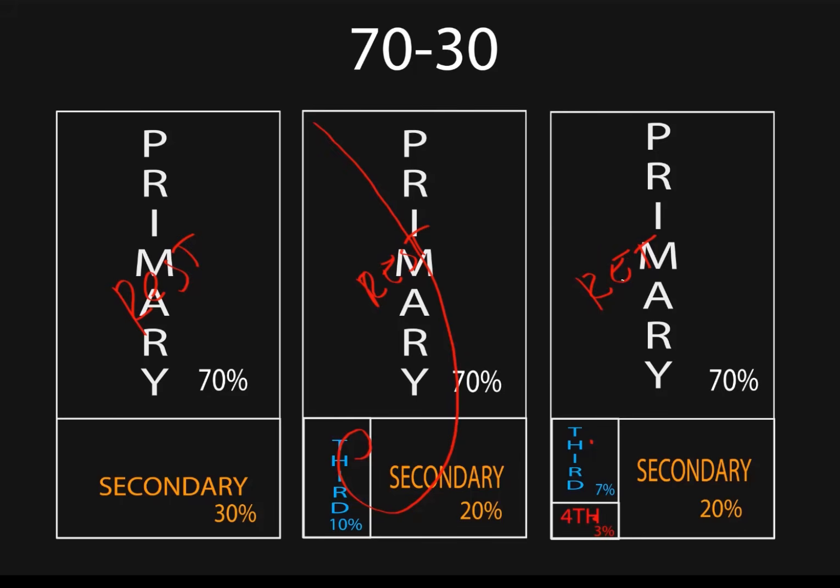But you can, as long as the larger portion is close to 70, and the secondary is like 20, and the third lands around 10. You'll be fine. But like I said, they can be spread out.